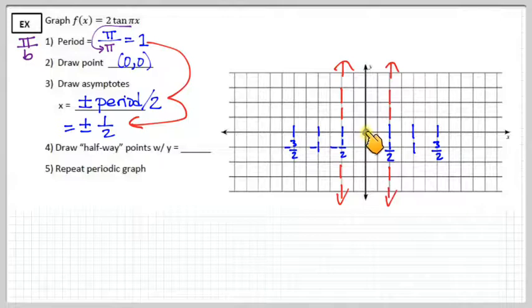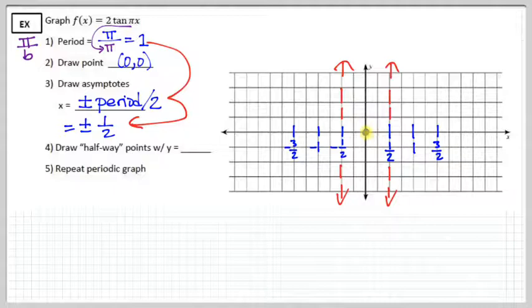The halfway point is a point halfway in between this point here and the asymptote, as well as another point halfway between this point here and the left side asymptote. So that's where the halfway point is in the x direction, right in the middle, right here and right here, but the y point is somewhere up and down here.